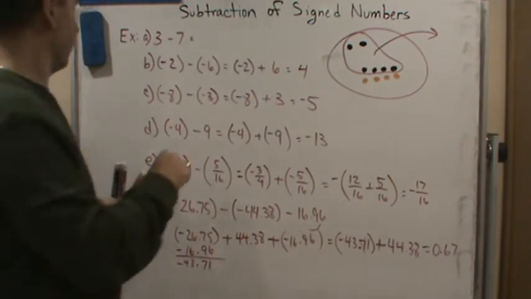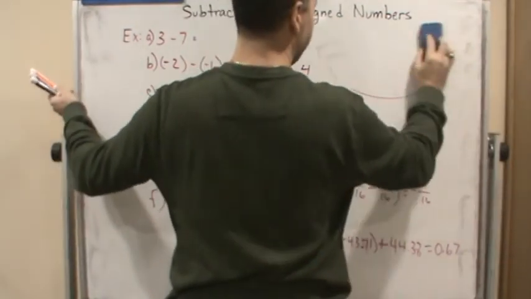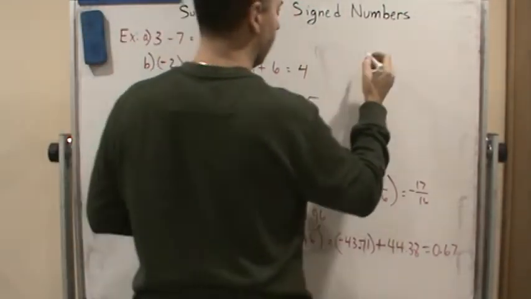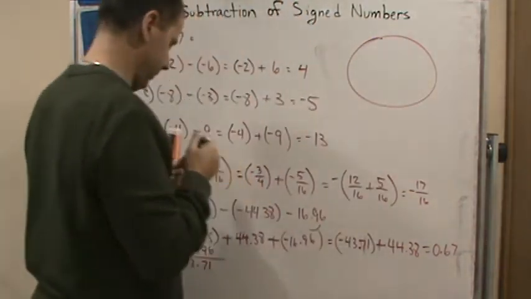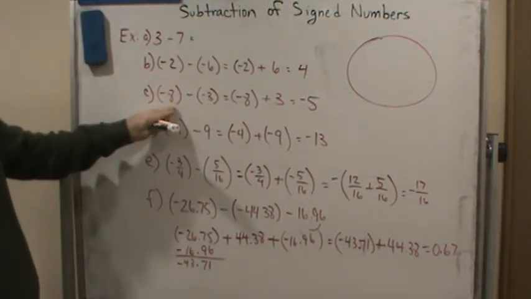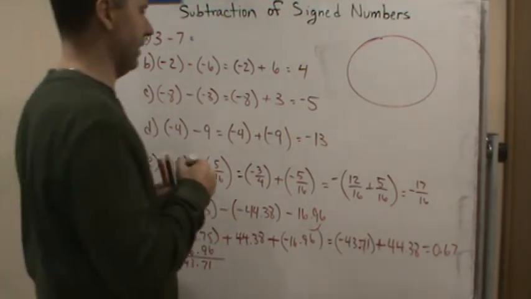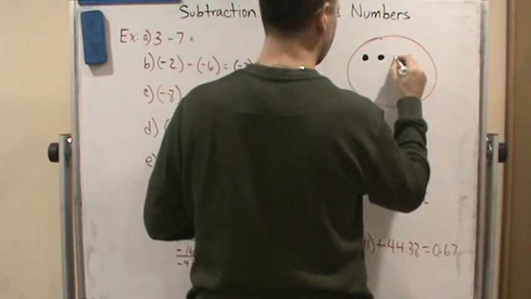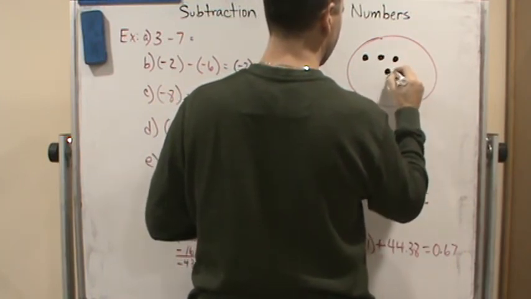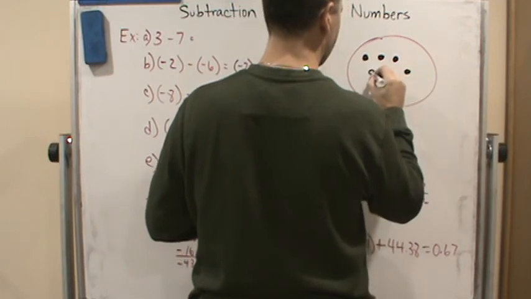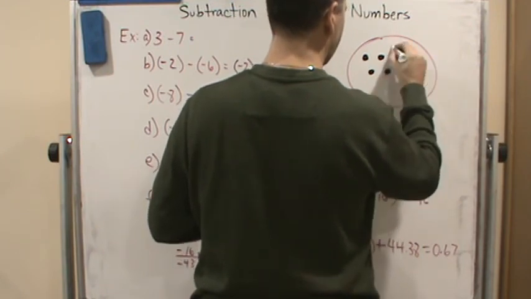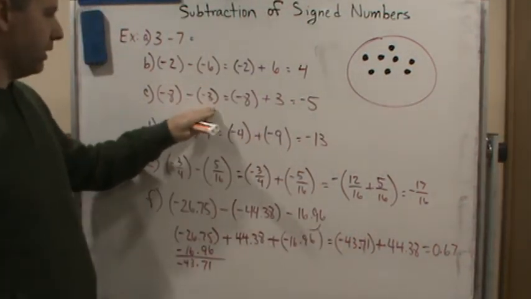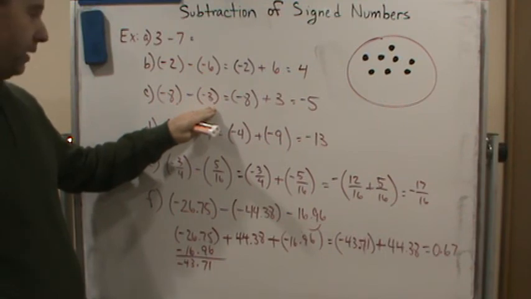Now, what about this one? So now let's keep the same idea. Okay, and I'll leave this one this way. So now here I have 8 negative chips, so let's put them in the circle. Okay, and I want to subtract -3 chips. 3 negative chips in other words.